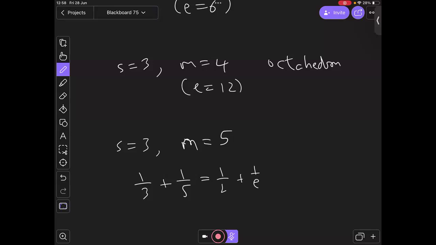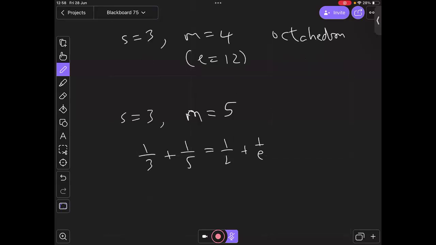Okay, so 1 over 3, 1 over 5, so we need to put everything here in what fraction? In, I guess, in 30ths.